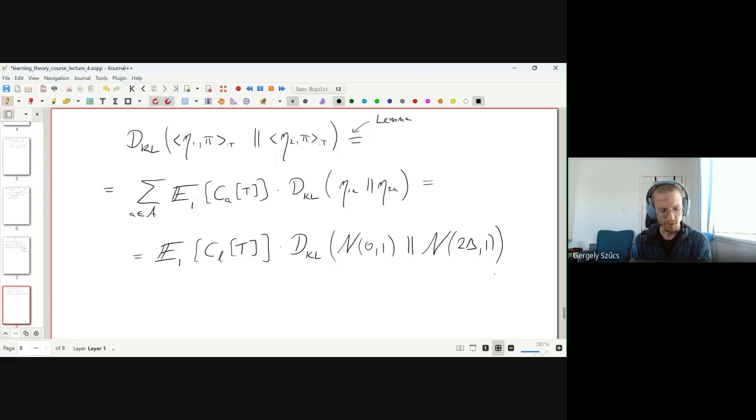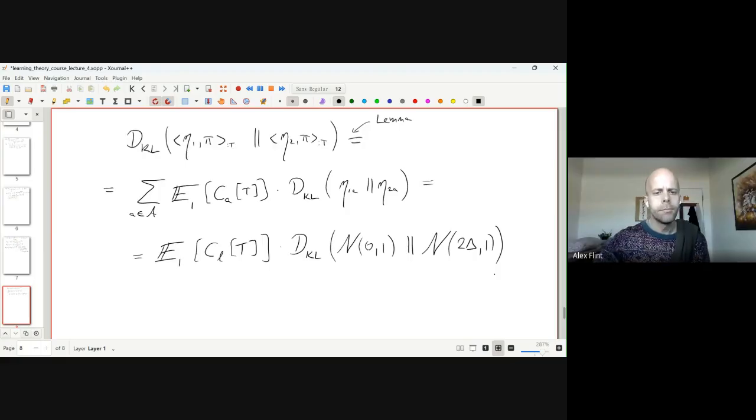Maybe I'll pause this for a minute for people to ask questions or digest. Why is it again that this sum simplifies in that way to just this one arm?